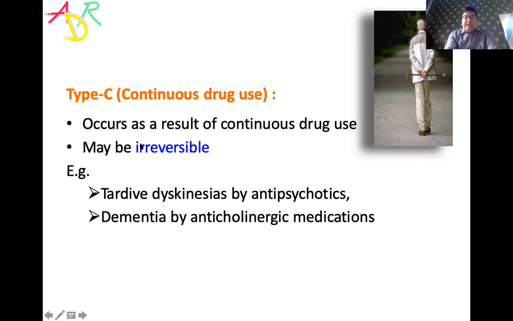So these may be irreversible, such as with the constant regular use of antipsychotic drugs, dyskinesias occur, or with the use of anticholinergic medications for a longer duration, dementia can occur. So these type C ADRs are those which occur due to long therapy or long duration of use of certain drugs.